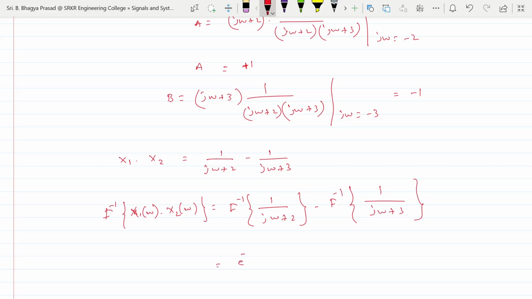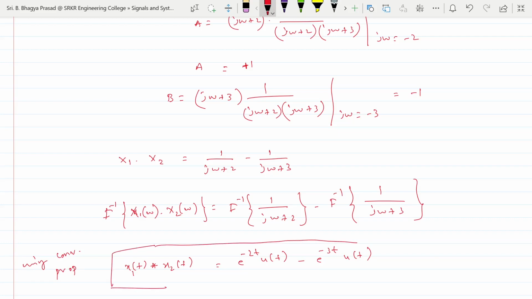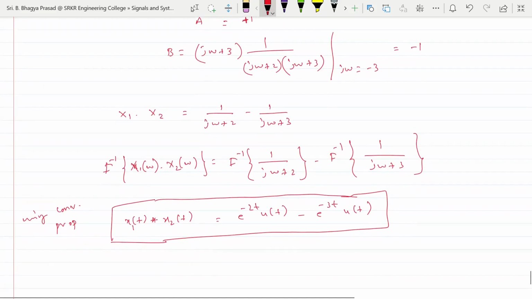So we get e power minus 2t u of t minus e power minus 3t u of t, and this will be your convolution, x1 of t convolved with x2 of t. Here we used the convolution property.